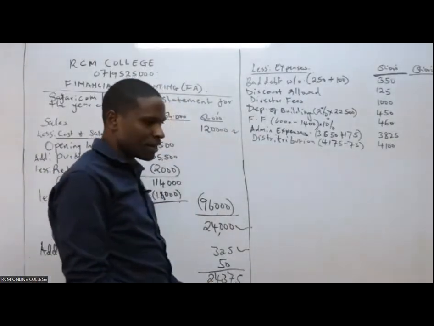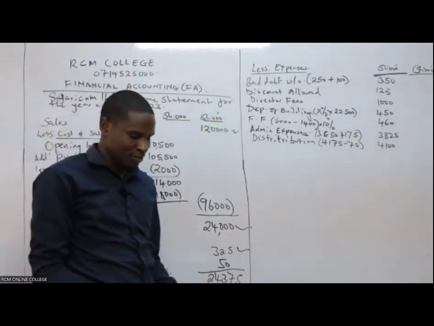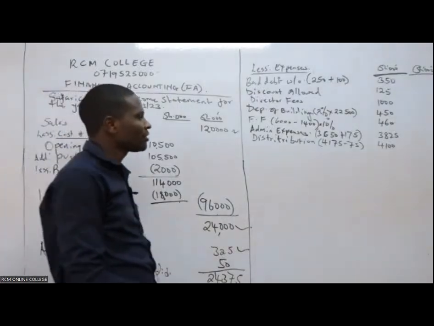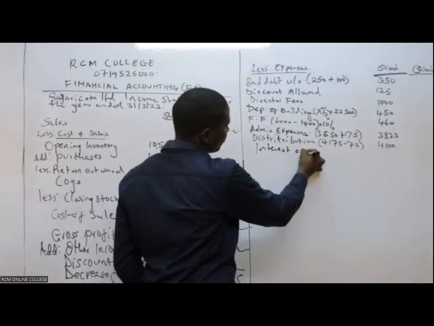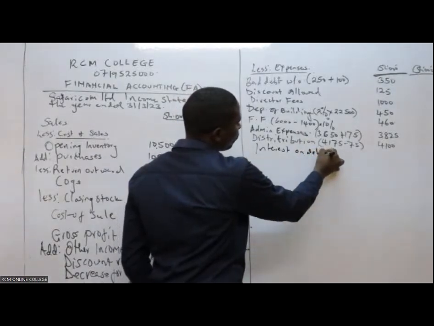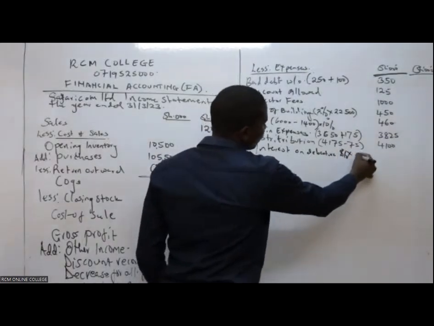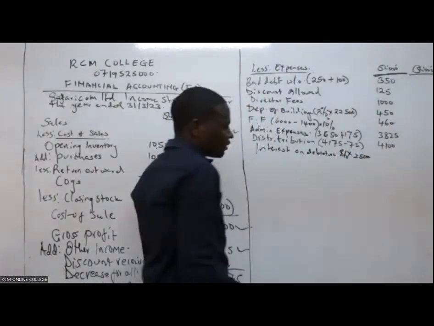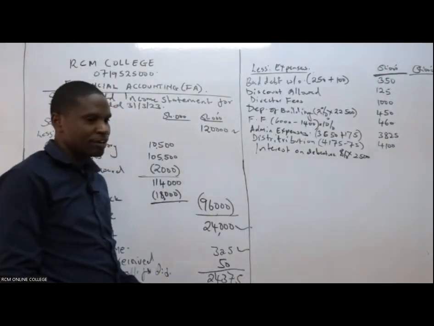Then there is additional information telling us about the interest on debenture. Therefore, we have to compute interest on debenture. That is an expense. If you look at the debenture in the trial balance, it is 8% of 2500. 8% of 2500 unapata ngapi?